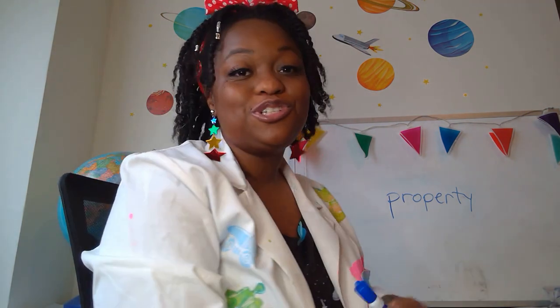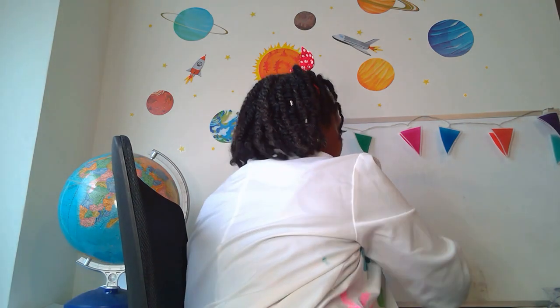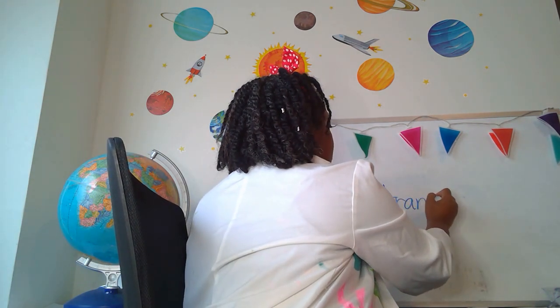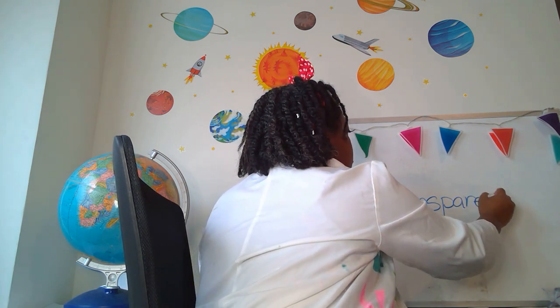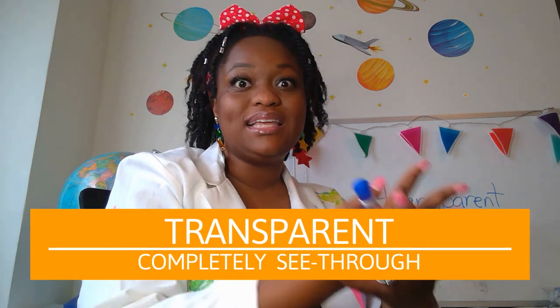So I want to introduce you to 2 words that you could use as properties of matter. The first word is this word you may have heard of. It's transparent. Transparent means it's completely see-through.